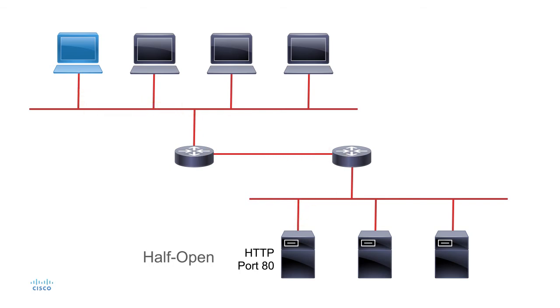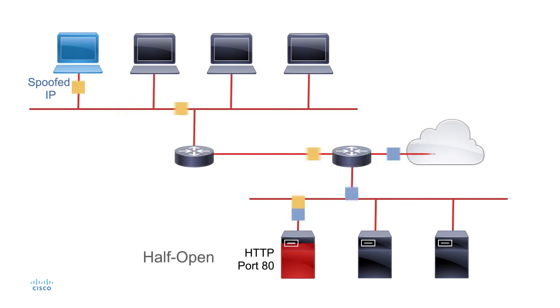Now in our next attack, our host becomes an attacker by sending a high number of TCP SYN messages to our server using a spoofed address. That spoofed address is either a non-existent address or an address that will be unreachable from the server. So when the server replies back, it goes off into nowhere, and that allocated memory is consumed and unusable.